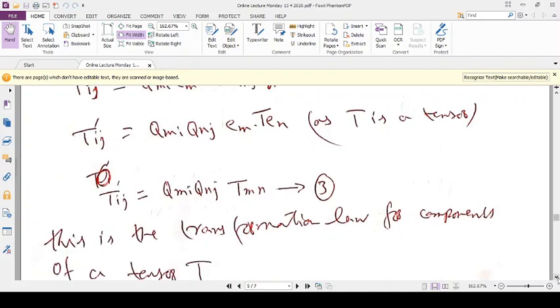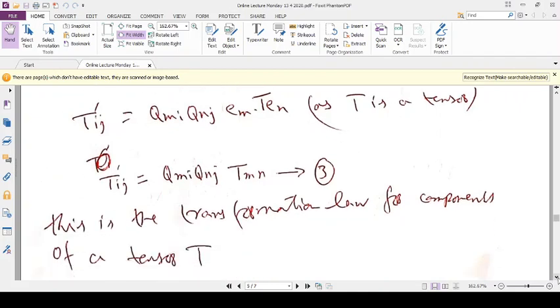So this is the transformation law for the components of tensor T, that is, how we can write components of tensor T with respect to basis ei dash if components of tensor T are given with respect to basis ei.